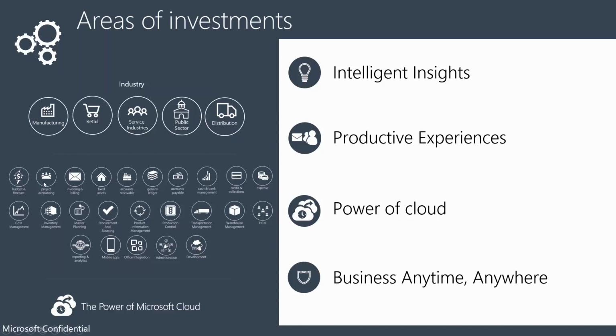Specific areas: we have budgets and forecasting, project accounting, invoicing, fixed assets, accounts receivable, general ledger, payables, cash and bank, credit, and expense management. Even in today's world, there are a couple of really good tools doing expense management, but with our customers, we have been substituting those additional software when they implement F&O.